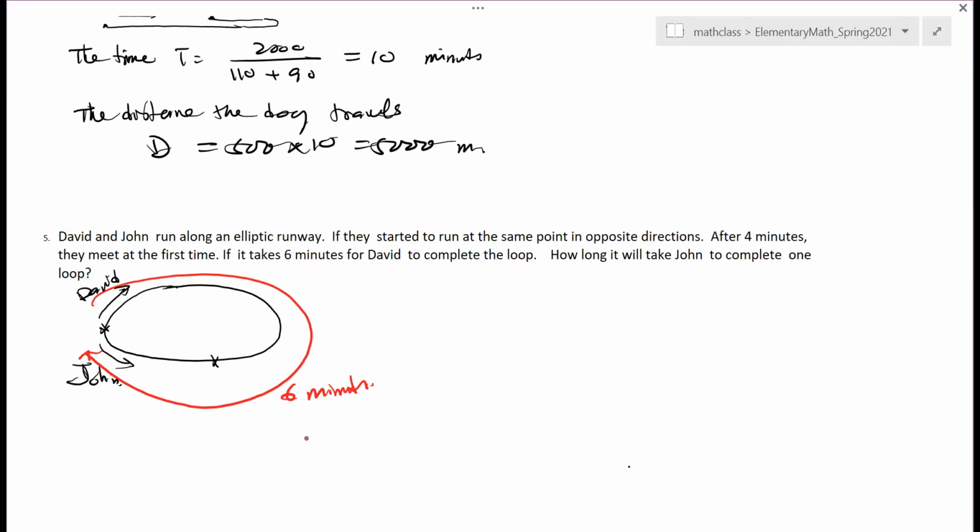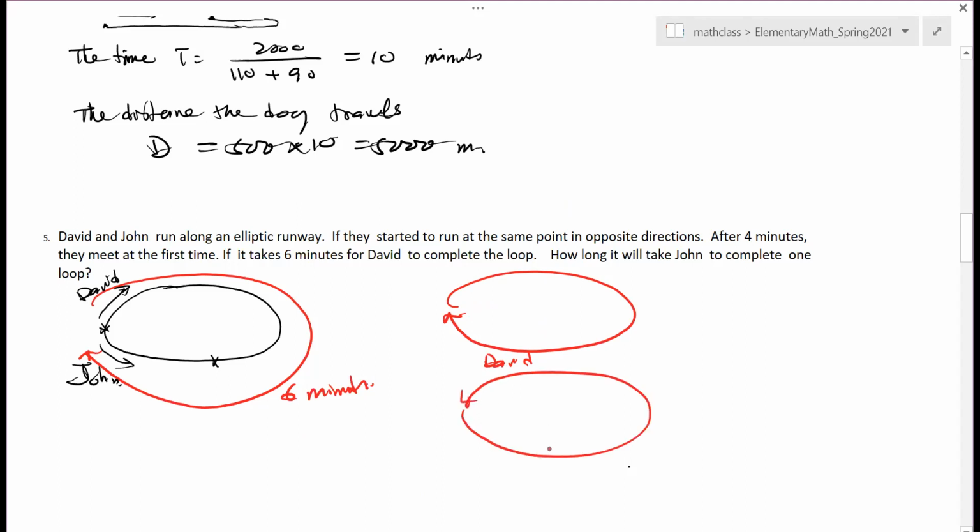But you have to think about it separately. One loop is from here. This is David, and this is going to be John. For David, it takes 6 minutes. Then for John, we don't know.